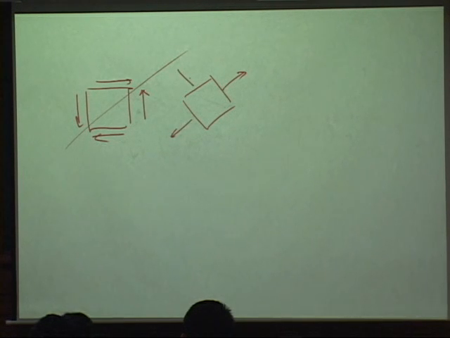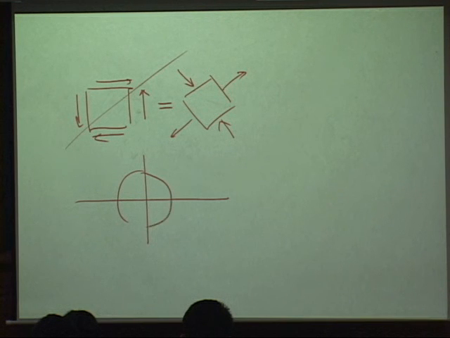This is what? Compression. This is the same as this one, because again, the Mohr circle is circular. And here are the X and Y corresponding to this one. And in 45 directions, we do have this one.